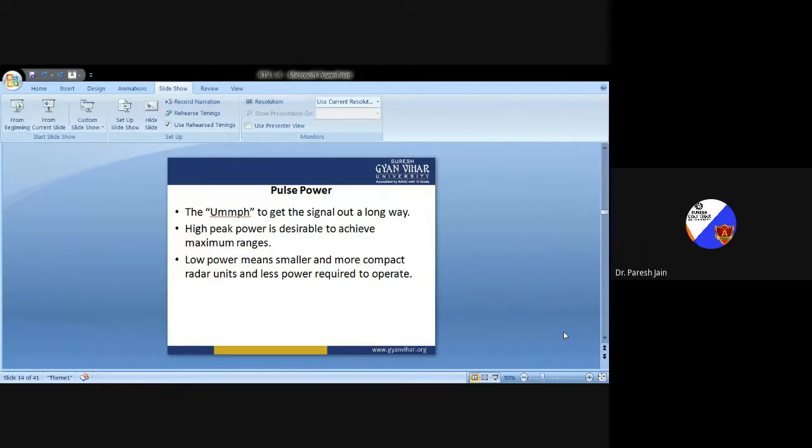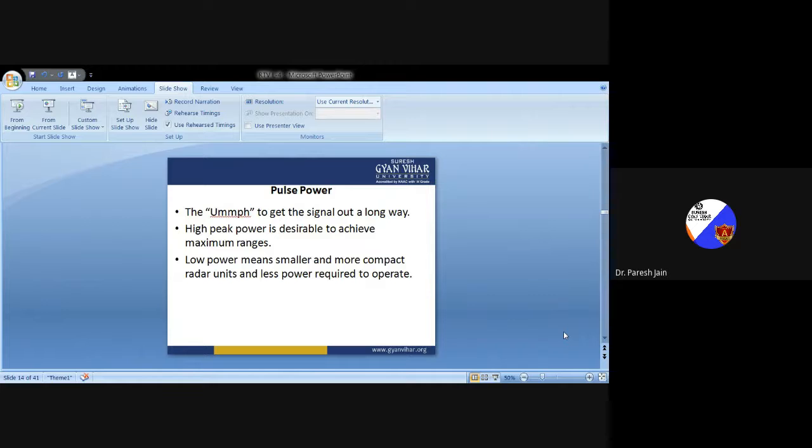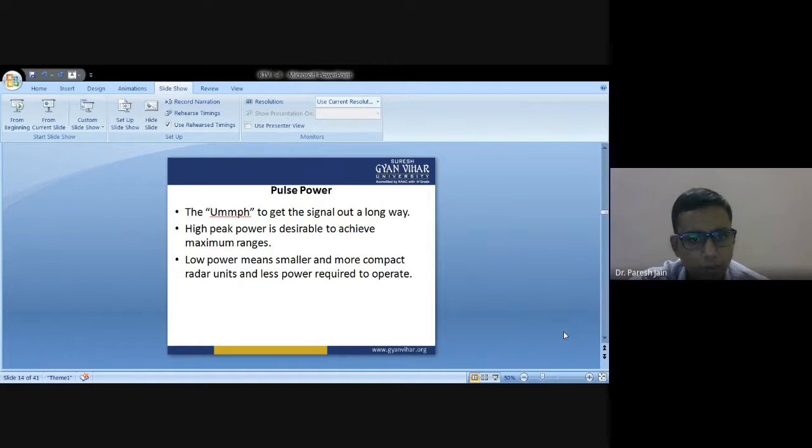To get the signal out the long way, high peak power is desirable to achieve maximum range. Lower power means smaller and more compact radar units and less power required to operate.